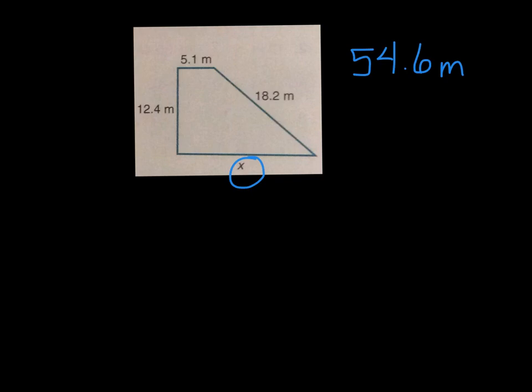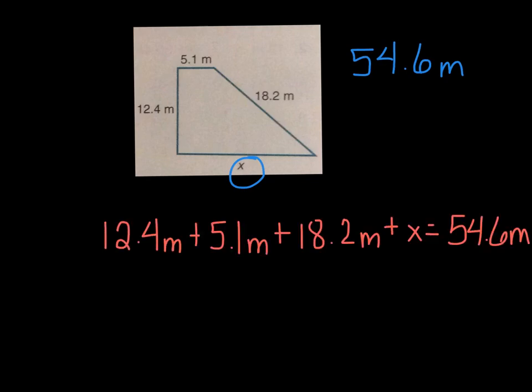So in order to find this missing side, we add up the sides that we know, plus the unknown x, equals 54.6 meters.